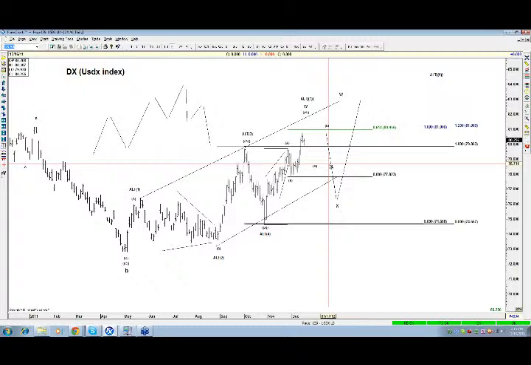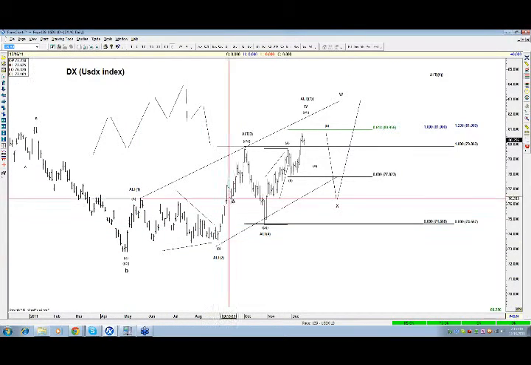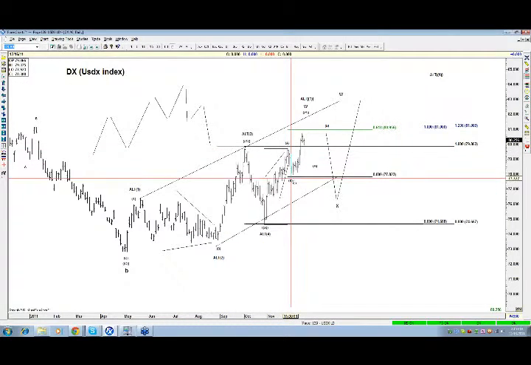Now, it still can be the case. It's the less likely scenario, at least in my book, when we have 1, 2, 1, 2, 1, 2, 1, and then a 2 to explode to the outside.